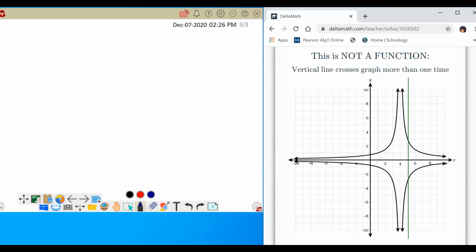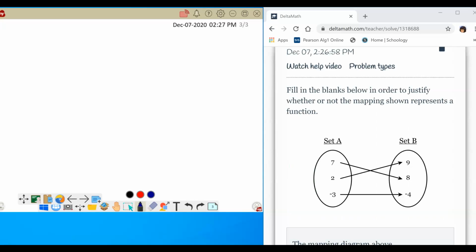So there's one more example that I want to show you, and that is a mapping diagram. Mapping diagrams are another super good visual for determining whether a relation is a function or not. So let's take a look. Here we have a mapping diagram, okay?